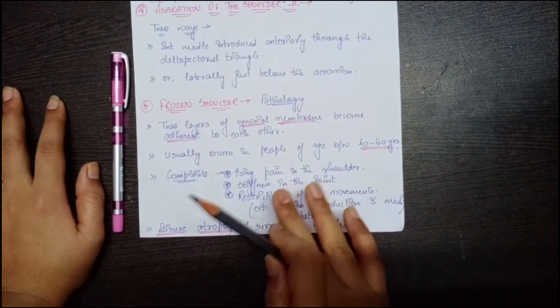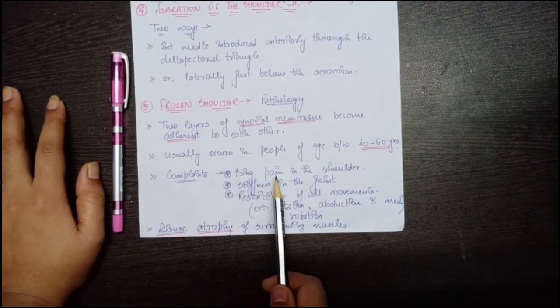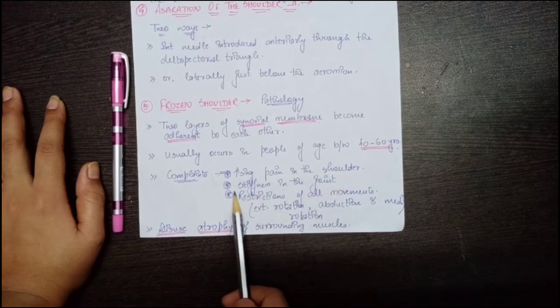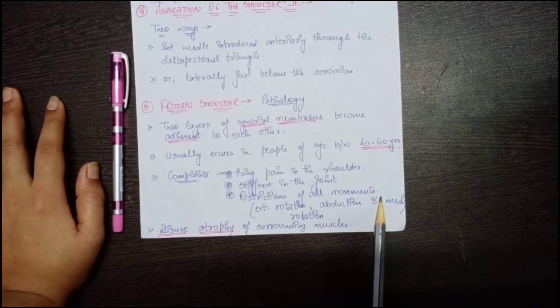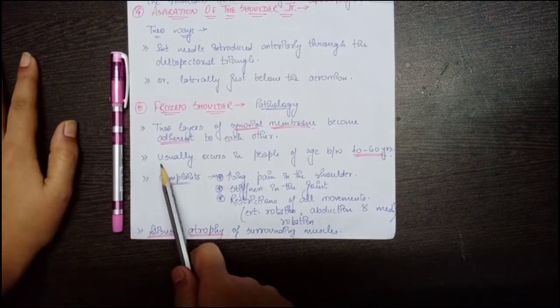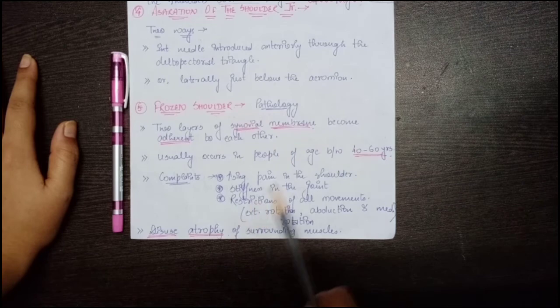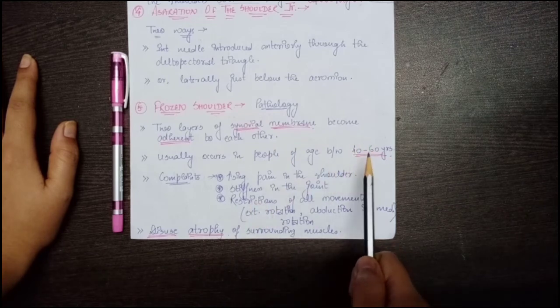So what happens is, there'll be increasing pain in the shoulder, there'll be stiffness of the joint, there'll be restriction of all movements, especially external rotation, that is your lateral rotation, abduction, and your medial rotation, which is also known as your internal rotation. And it usually occurs in old-aged people or mid-aged people, that is 40 to 60 years.